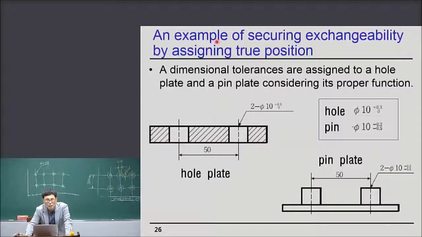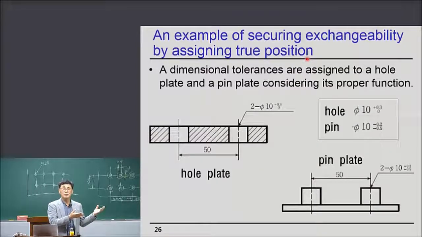Now, an example of securing exchangeability by assigning true position. If you just have one pin and one hole, then using dimensional tolerance and the proper fitting system, you can select the combination from the table.